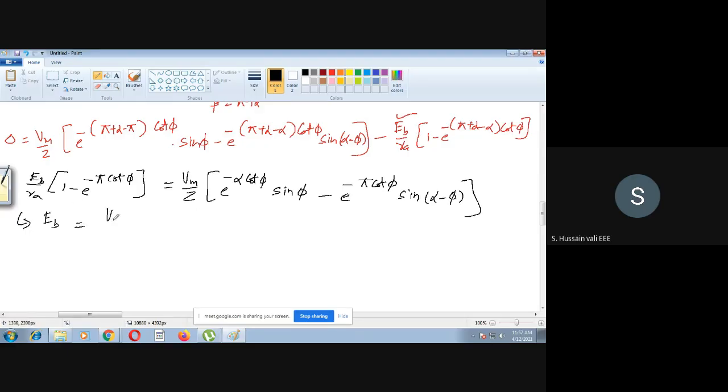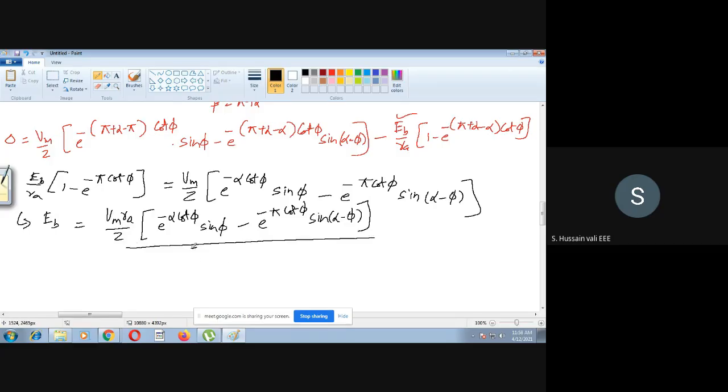Then Vm RA by Z into e power minus alpha cot pi sin pi, minus e power minus pi cot pi sin alpha minus pi, whole divided by 1 minus e power minus pi cot pi. So just mathematically we rearrange the terms here.